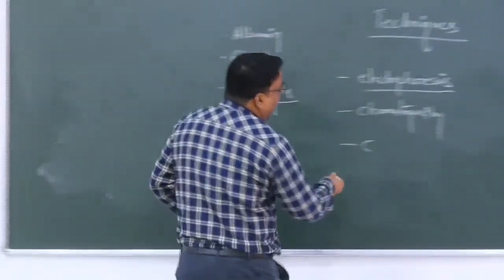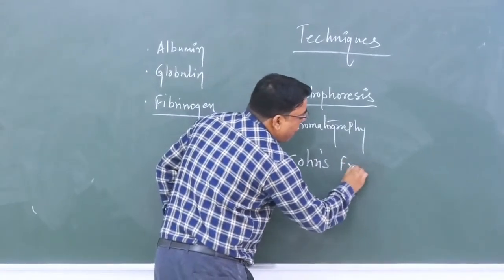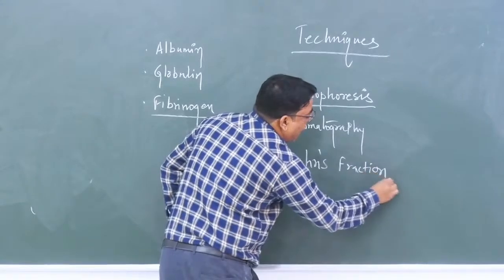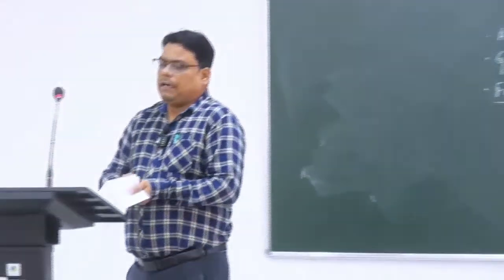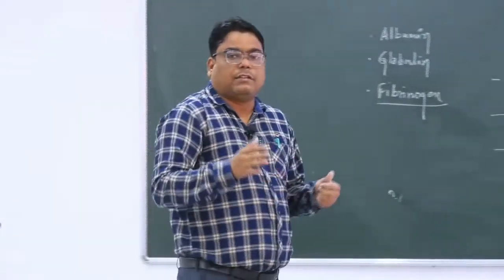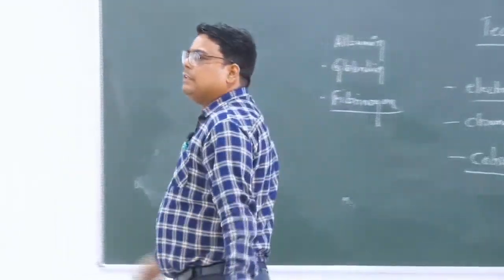Electrophoresis, chromatography, and Cohn's fractions. These are all the techniques through which we identify these proteins, but among all these techniques, electrophoresis is the major technique. Okay? What is electrophoresis?